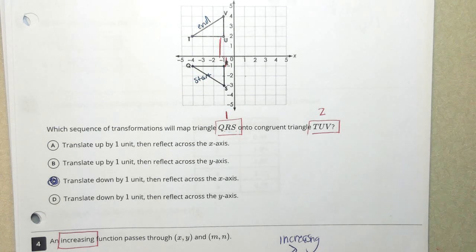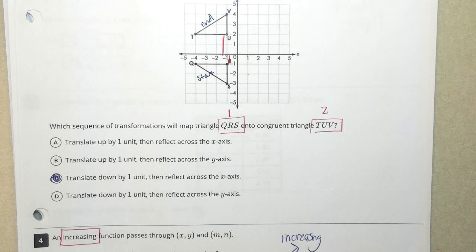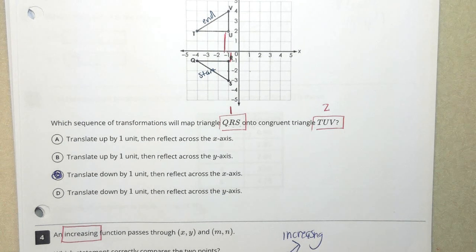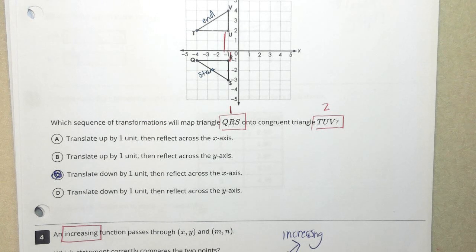Okay? Number 4. Now, number 4 is really not that difficult. The tricky part is understanding what it's asking and trying to create a visual for it. Okay, so it says an increasing function, so increasing, we know that means it is going up, passes through (x, y) and (m, n).